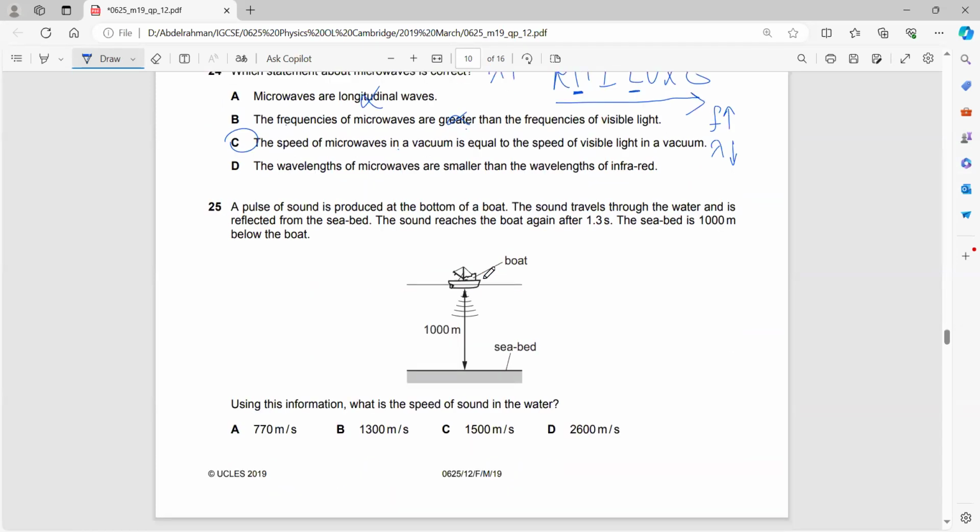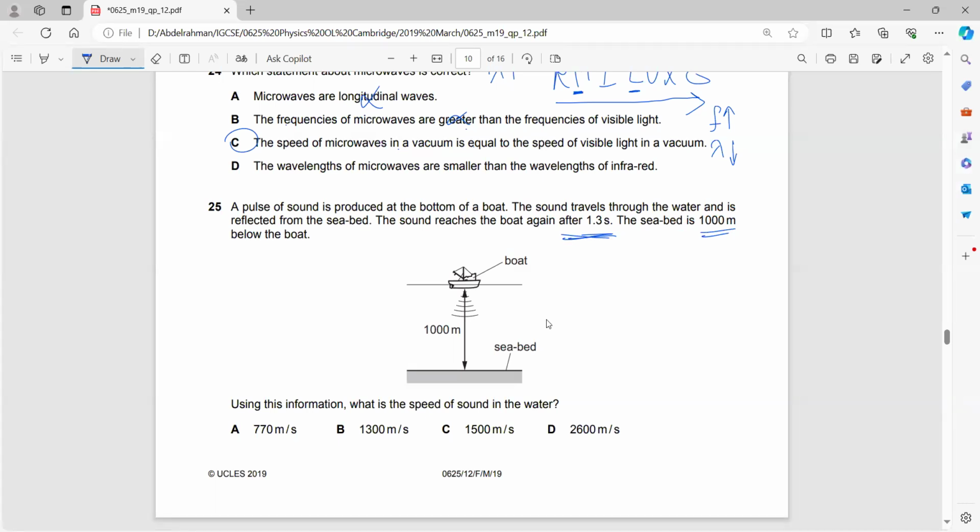We have a boat which sends off a signal to the seabed, and then it is reflected back. The sound reaches the boat again after 1.3 seconds. The distance is 1,000 meters. Can I find the speed of sound in the water?